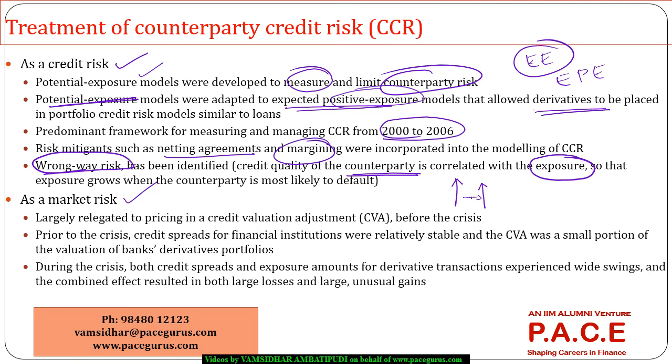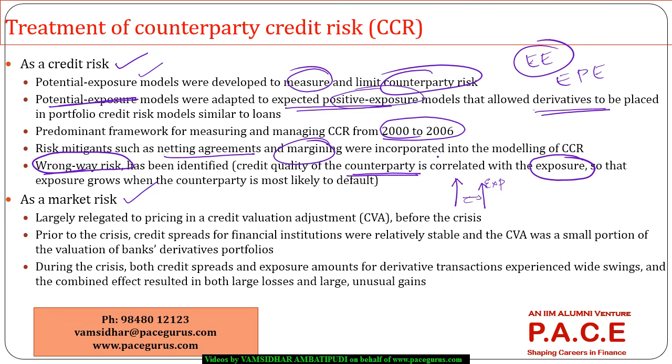So these are not independent. When the counterparty is in a normal scenario, the exposure is much lesser. The amount that I would be losing is much lesser. But when the probability of default of the counterparty is increasing, at the same time the exposure at default is also increasing. Now that is what we call wrong way risk.